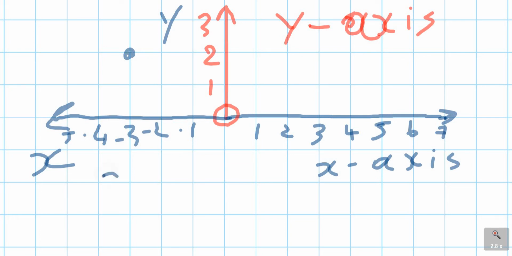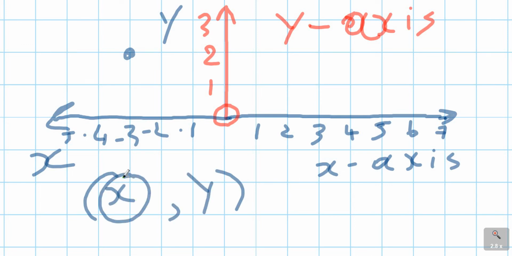Well, the general form of a coordinate is this. The first unit must be written, which is the x-axis representation. So whenever we are writing our coordinates for a point, we must have an open bracket and we put the x coordinate first. Then there's a comma, and after it we put the y unit.